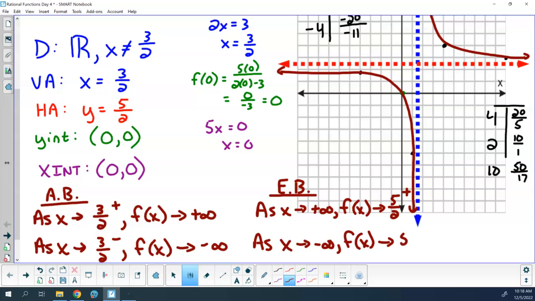Bottom side of 5/2. Questions on that one? Good? All right.